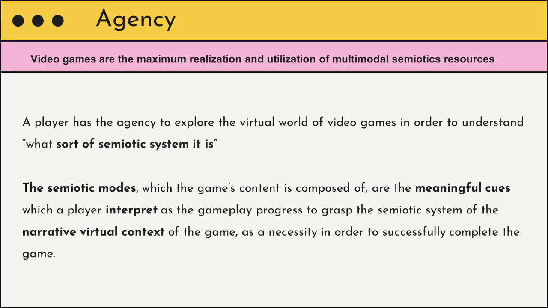These semiotic modes are the meaningful cues which a player interprets as the gameplay progresses to grasp the semiotic system of the narrative virtual context of the game as a necessity in order to successfully complete the game.